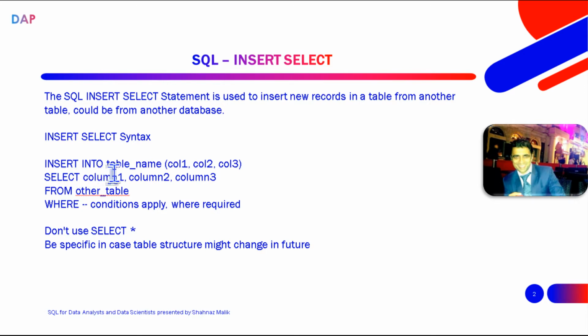I'm picking 1, 2, 3 because I need 3 values from another table. The other table could be from another database, and we can put conditions if we need to. It's not necessary, but you can. Don't use SELECT *, be specific in case the table structure changes in future. This is just a caution.